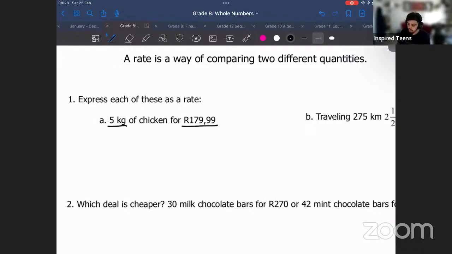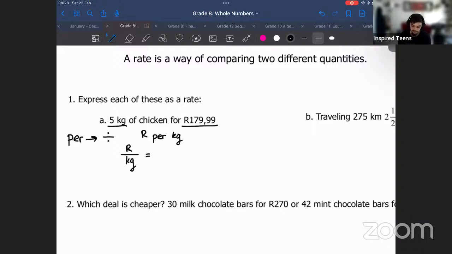Remember the word per refers to division. So if we want to say how many rand per kg, we're going to say rand per kg, so basically rand divided by the kg is going to give us the rate of rand per kg.